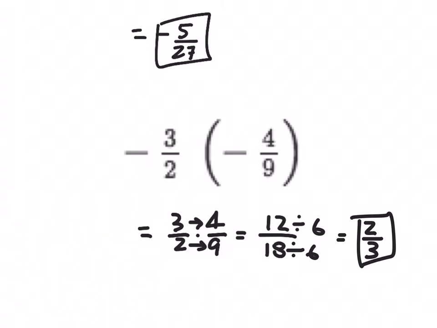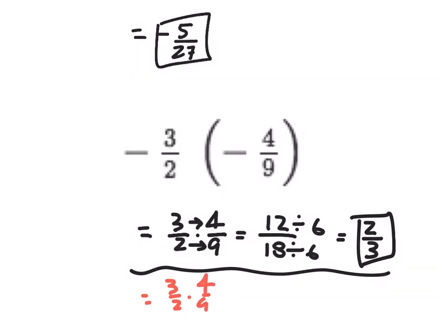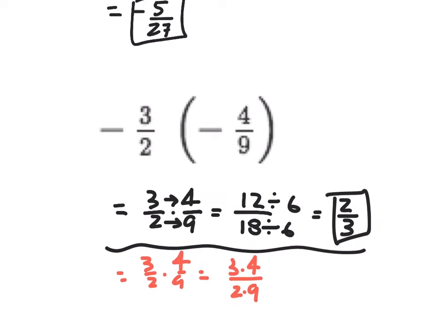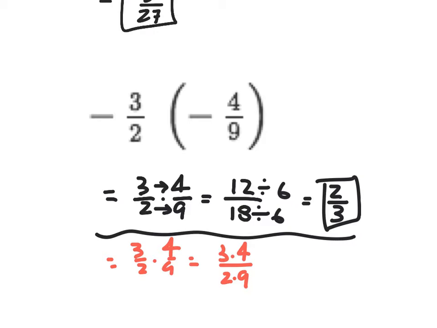Now, another way of doing this is by doing some cross division, where if I take 3/2 times 4/9, because I'm multiplying my numerators, really what this ends up becoming is 3 times 4 divided by 2 times 9. And then I can reorder these, and say, well, let me reorder my numerator and say 4 times 3 over 2 times 9.